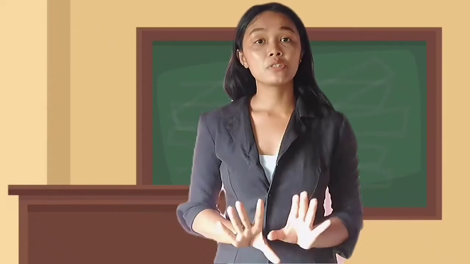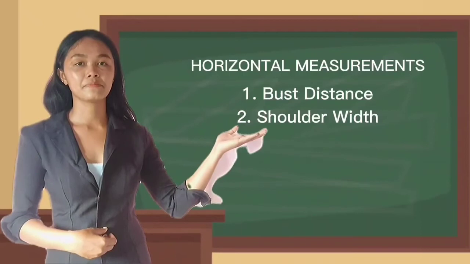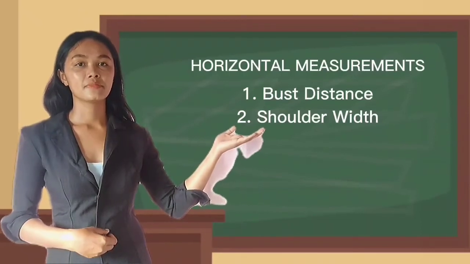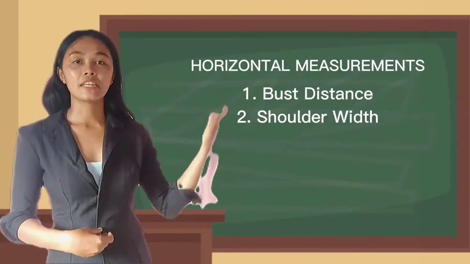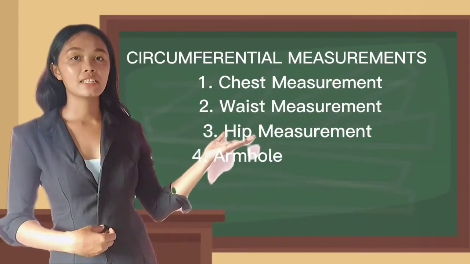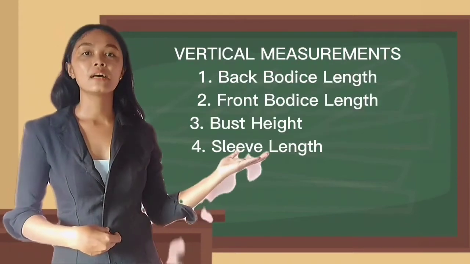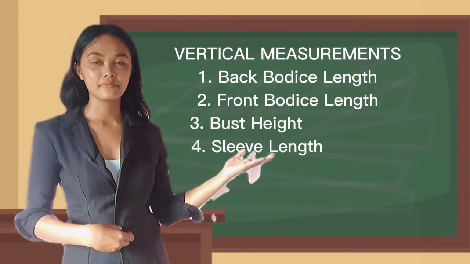Have you ever wondered what those circumferential, vertical and horizontal measurements are? These are the horizontal measurements. The next one is the circumferential measurements. And the third one is the vertical measurements.